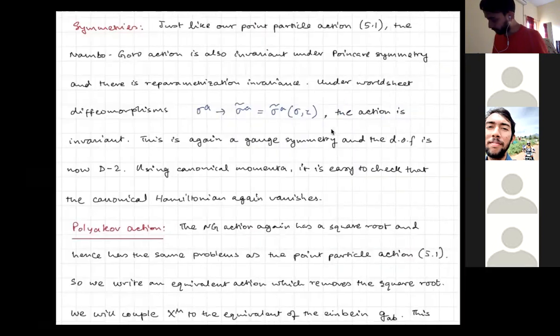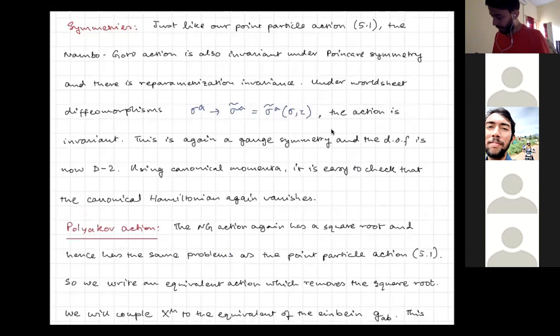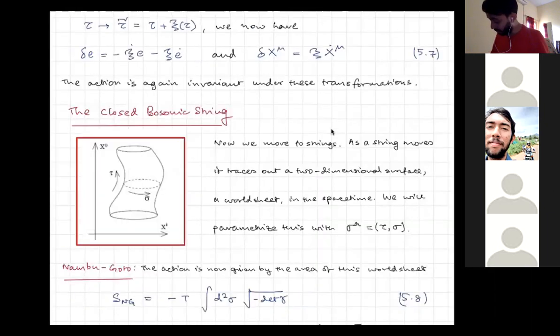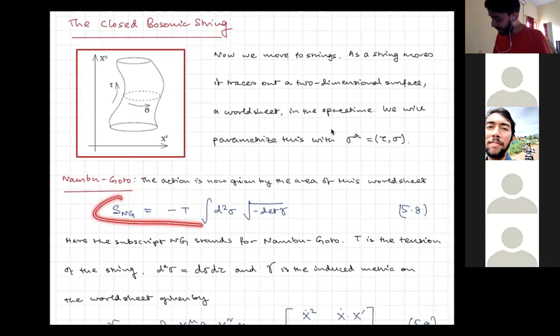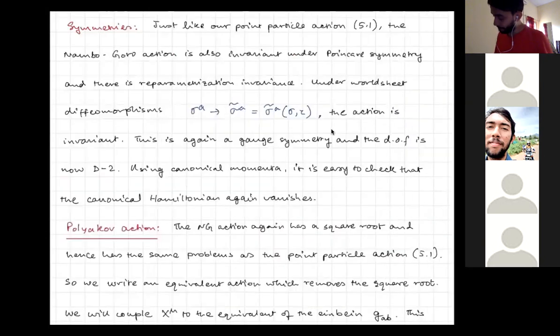Very good. Now, just like the point particle action, our action is called the Nambu-Goto action. These are two people who discovered this. So NG means Nambu-Goto. Just like our point particle action, the Nambu-Goto action is also invariant under Poincare symmetry, and there is also a reparametrization invariance.